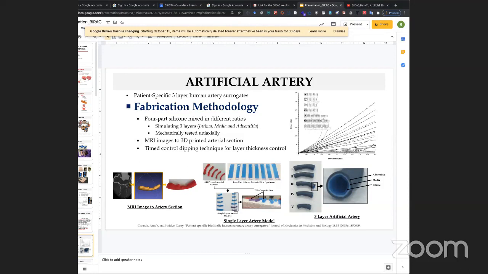So something more exciting than skin, like what other soft tissues we have. The second one comes out to be an artificial artery. So we all know about the amount of heart attacks or heart problems Indians are facing right now in this 21st century. It's in the Western world as well, but heart problems are escalating like anything else.